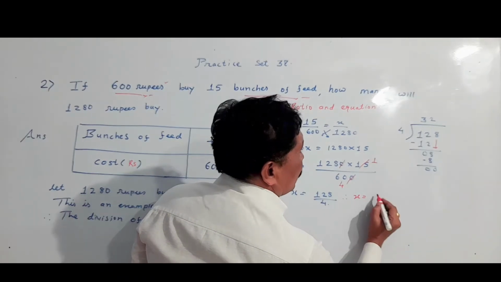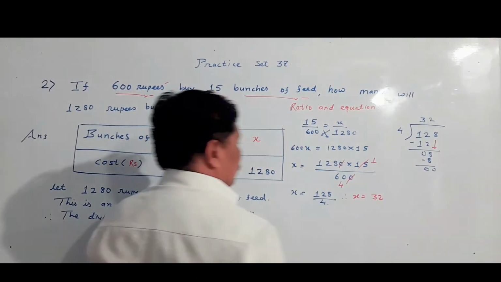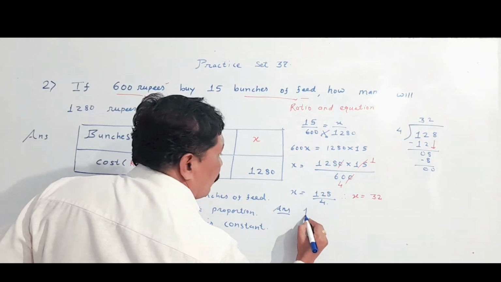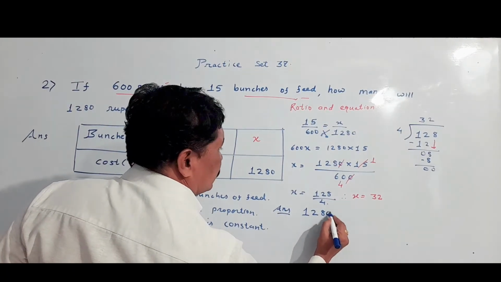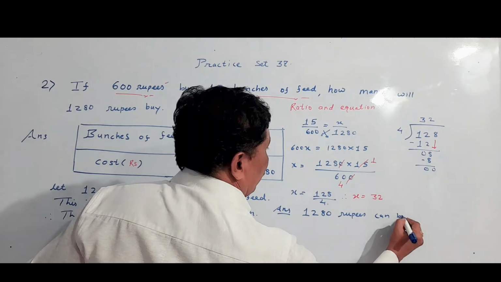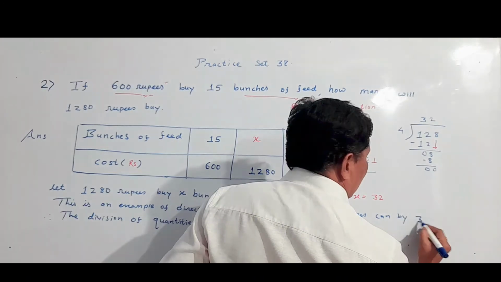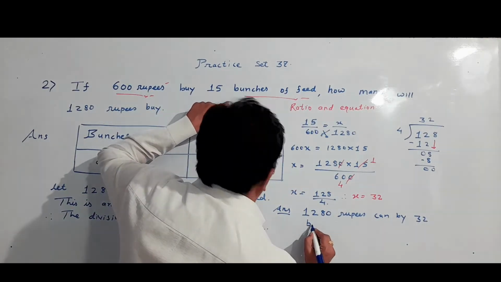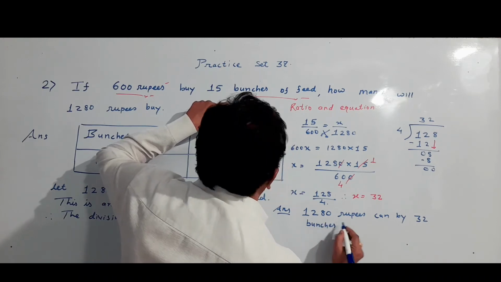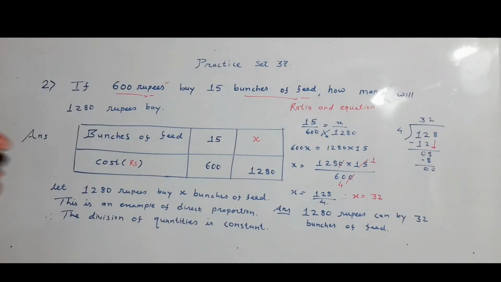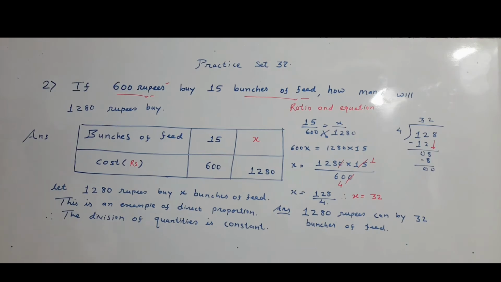Therefore, x is equal to 32. Answer. ₹1,280 can buy 32 bunches of fodder. We'll solve the next problem.